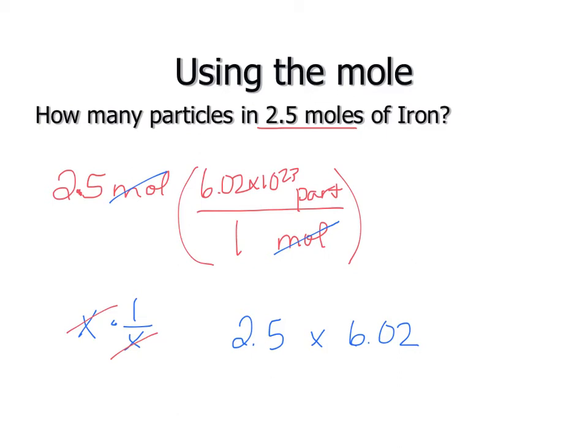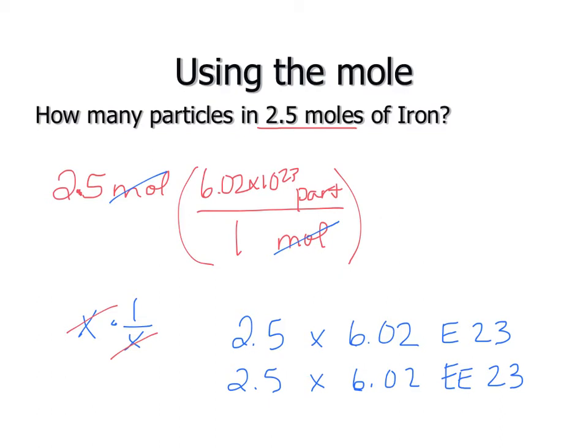So it might be E23, or EE23, depending on your calculator. If you are on a phone, if you turn the phone sideways, usually this button will come up.